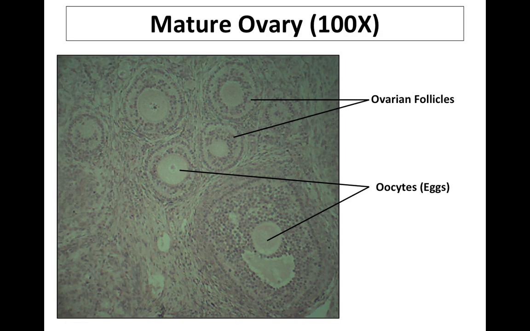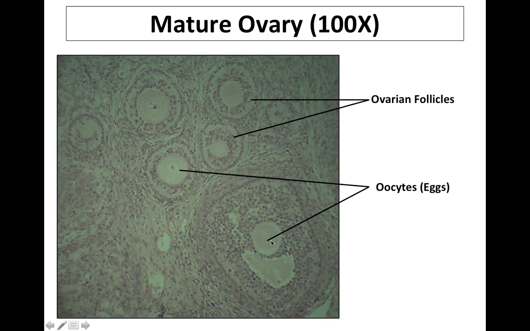The follicles house oocytes, and the oocytes are going to be very round with a very circular and even border. And the oocytes are pretty close to the same size, no matter the size of the follicle. So you can see even in this larger follicle, the oocyte is still very round. It tends to stain pretty pink versus the purple of these other cell layers over here. And it's just very round, very even.